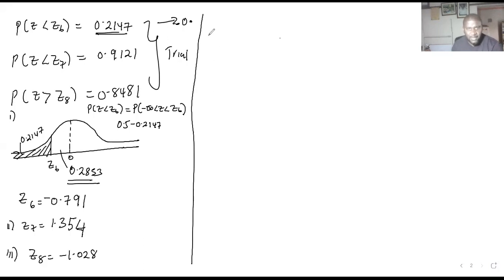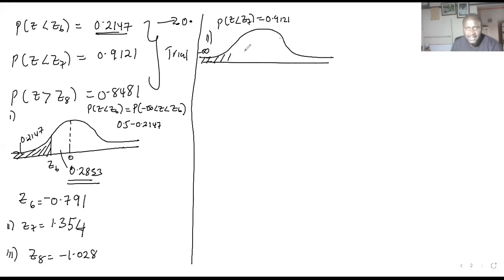How did she come about with these answers? The second one. This is a review for my friends who had been having rain disturbances and came in late. It was saying probability of Z is less than Z7 and it is 0.9121. We have said less than starts from negative infinity. So you shade until you arrive at 0.5, because the probability is greater than 0.5.